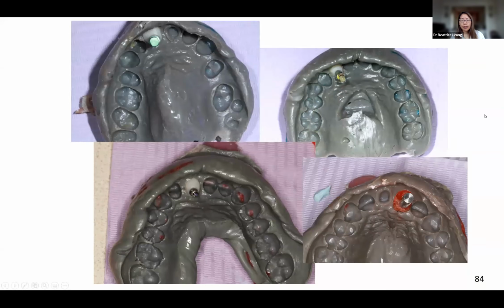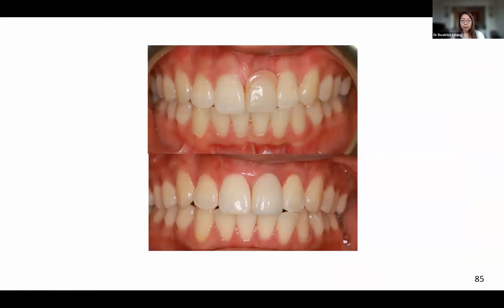When you remove it, you can see the gingival contour in the impression because it captured that information, and the model would have that defined shape so the lab can make the temporary or the definitive implant restoration with a more ideal emergence profile.